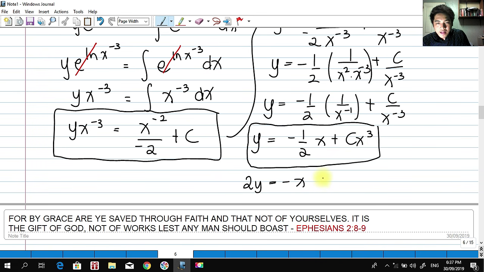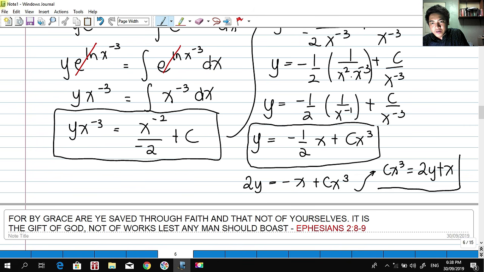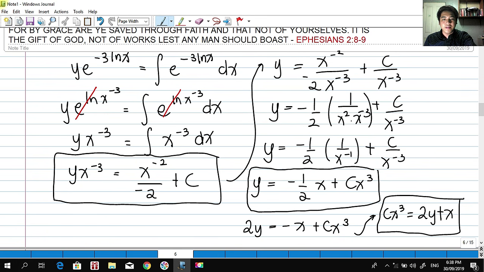So we have negative x plus cx cubed here. In terms of cx cubed, cx cubed here is equal now to 2y plus x. This is another acceptable answer. Okay? So that is the answer for our DE.